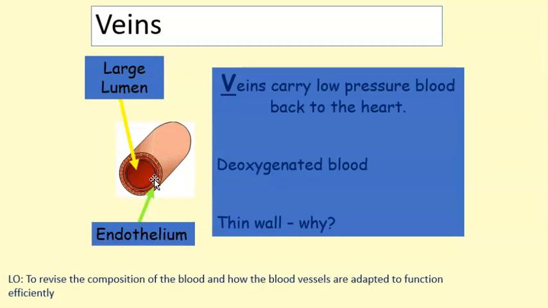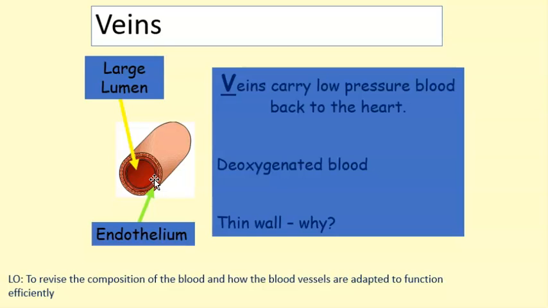The other thing about veins is that they have valves. So I always think of veins and valves. Veins have valves to stop the backflow of blood. That is what a valve is. It stops the backflow of blood. Because the blood is travelling at lower pressure, it may end up going back the wrong way, so the valve stops that from happening.